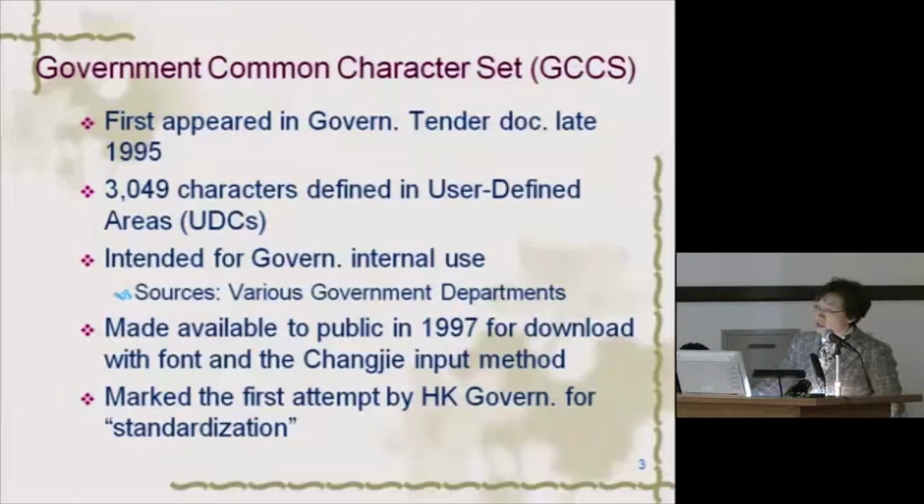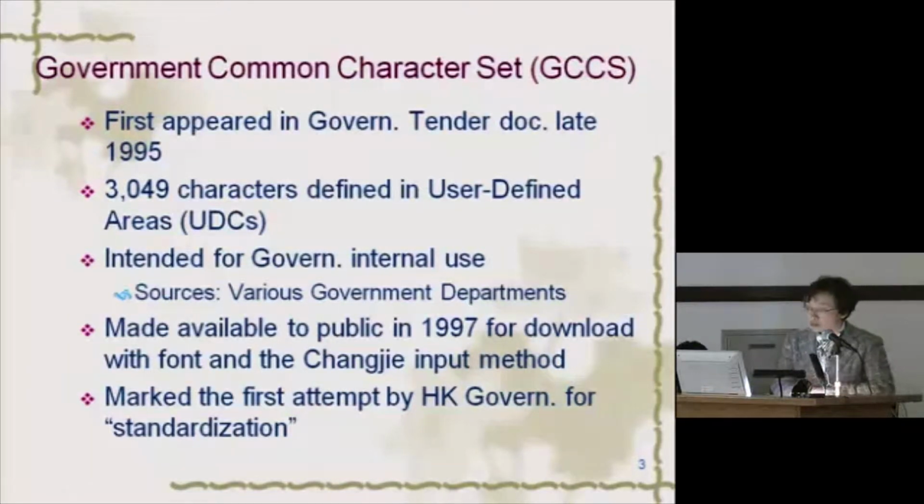Originally, the GCCS was intended for internal use, so they put it under the so-called user-defined area of Big Five. Big Five, in its design, was not designed to have future extensions. So they leave one area open for people to define their own characters, and this is where these characters were defined.